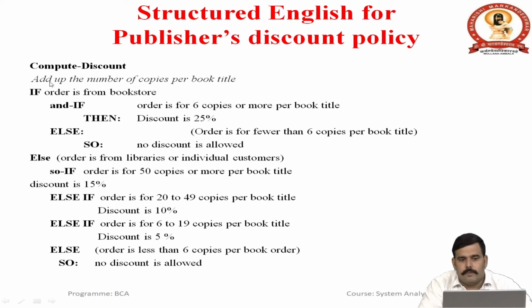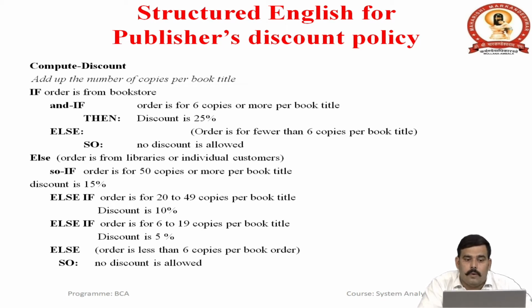First of all, we add the number of books in the order, then we check the type of customer. If it is from a bookstore, and if the order is 6 copies or more per book title, then the discount is 25%.